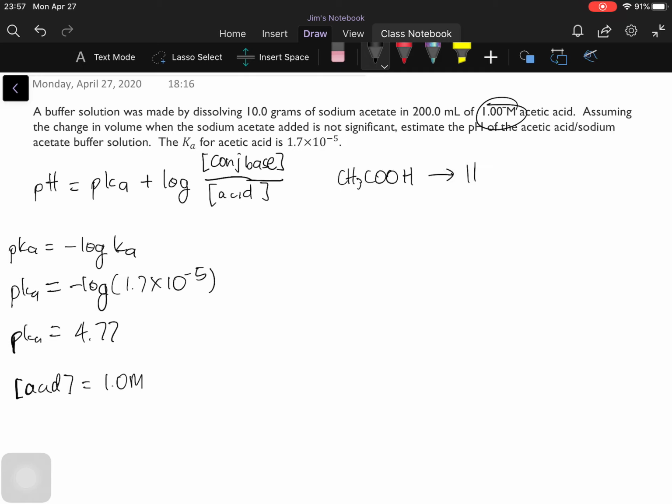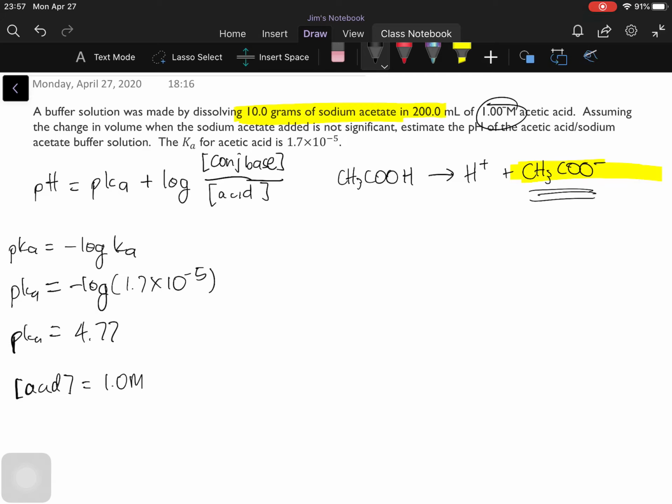This will dissociate into protons and acetate ion. In the problem, it tells that these acetate ions came from sodium acetate. All our acetate ions originated from the sodium acetate solution.